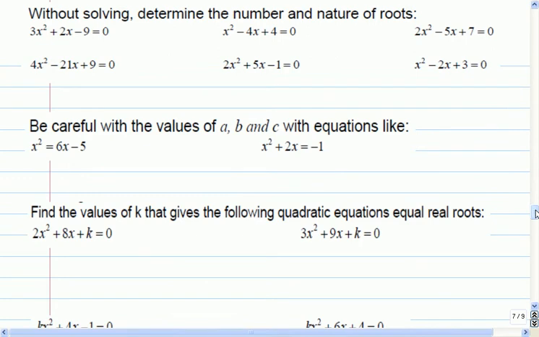So use the language, how many, unique, real, imaginary, to tell me about these equations and their solutions. Okay, so for this one, 4 minus 4 times 3 times negative 9.